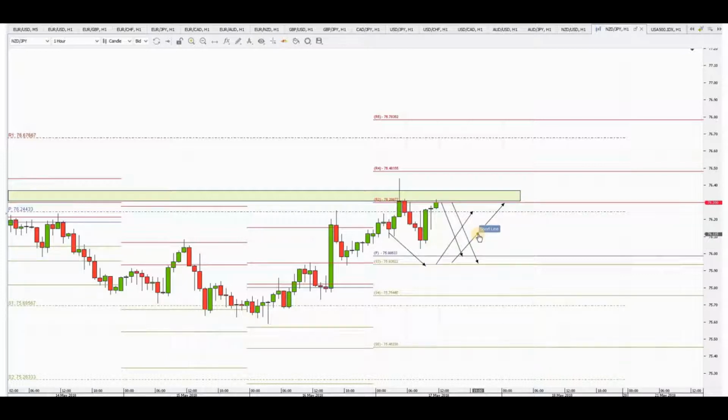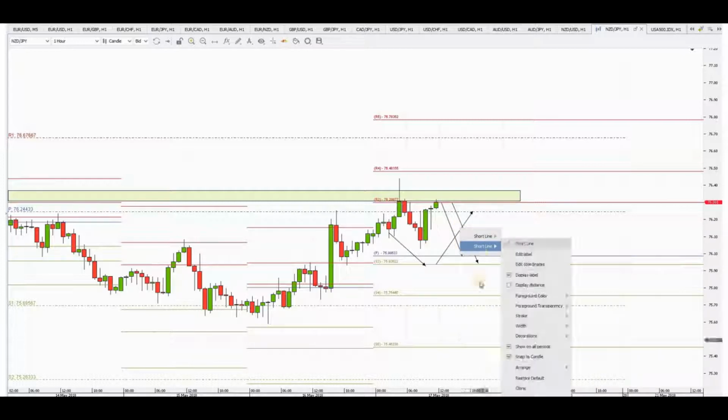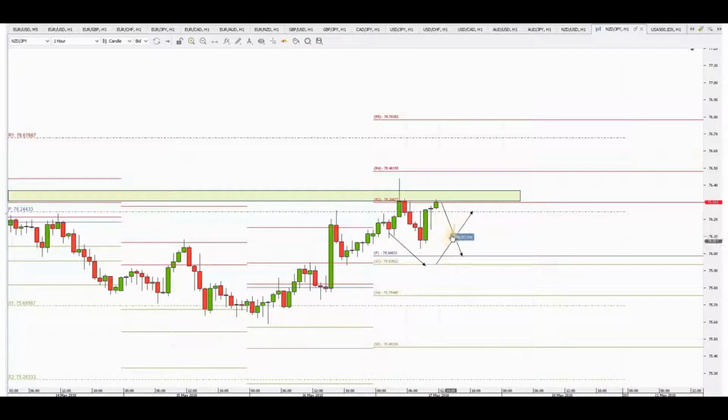So that's a couple of rules that you can play with the first scenario. Second scenario is that, for instance, let's say this candle would break above R4.